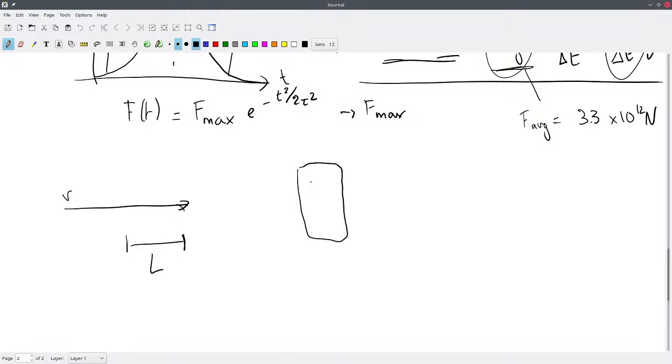So if you drop your iPhone on the ground, the time interval it takes for the iPhone to come to rest is the time interval it would take for the iPhone to travel its own length with the velocity it will have by the time it reaches the ground. So that gives us a length, and then v initial for the interaction where it bounces off the ground, L over v initial will give us the delta t.